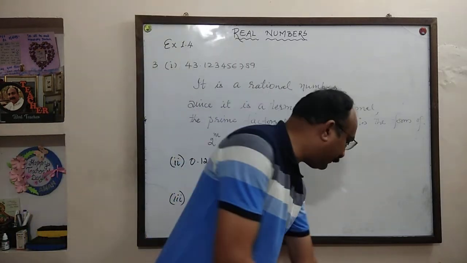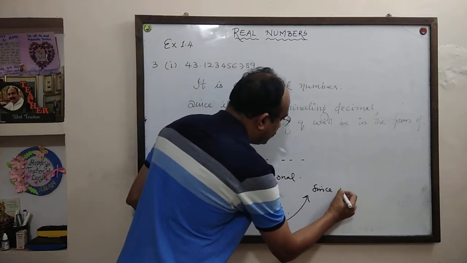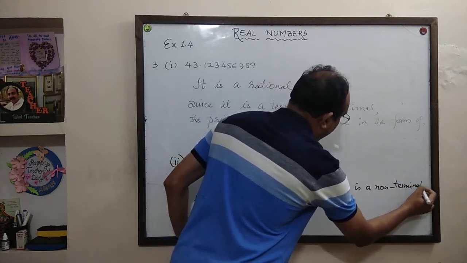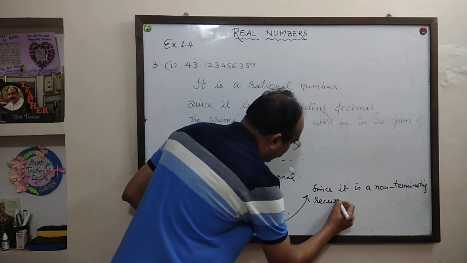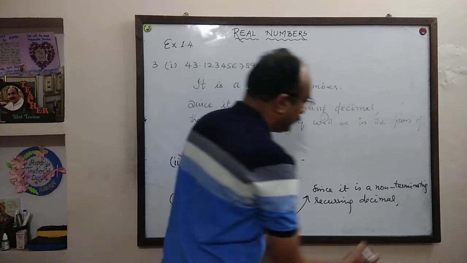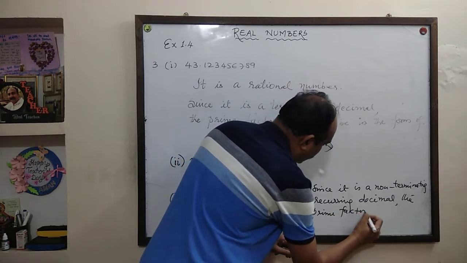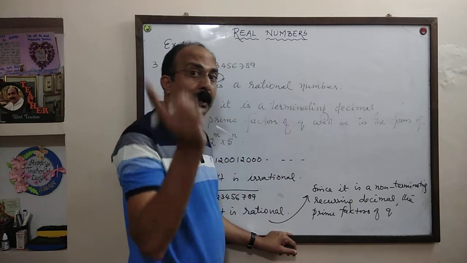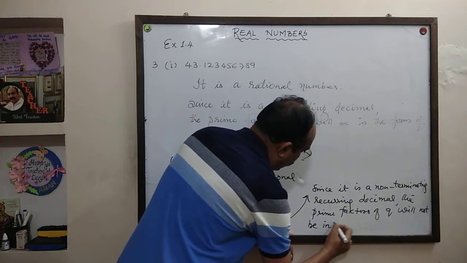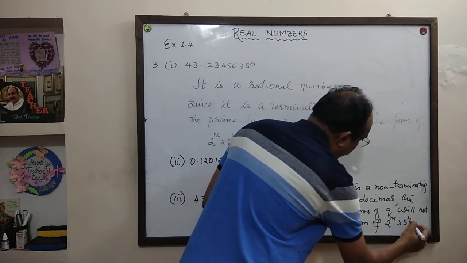So after this you have to write one more line. Since it is a non-terminating recurring decimal, the prime factors of q will not be in the form of 2 power m into 5 power n.